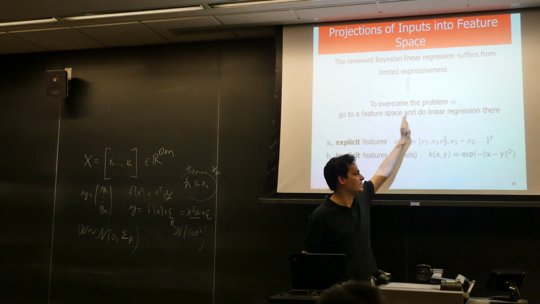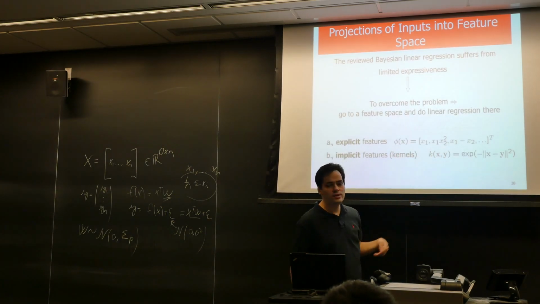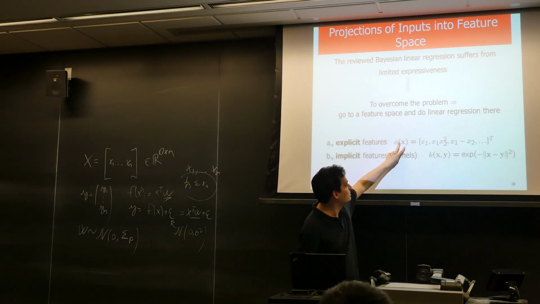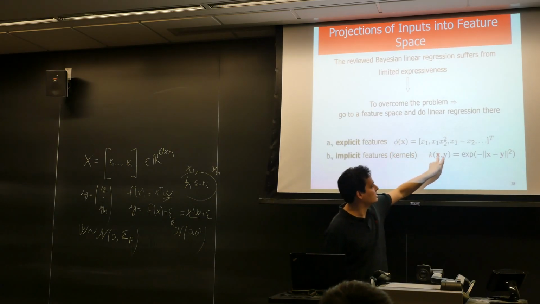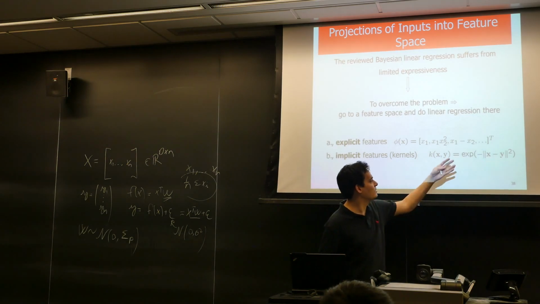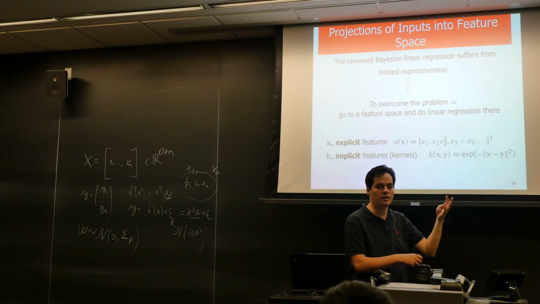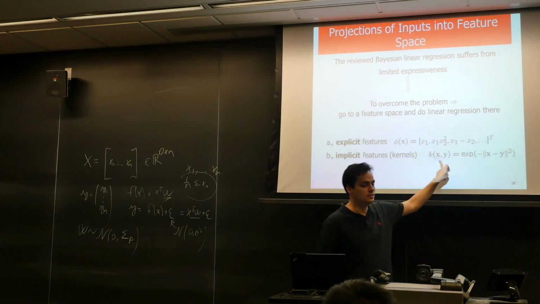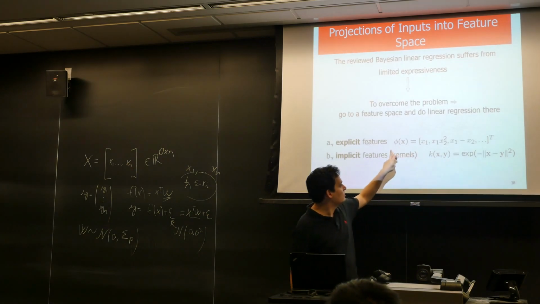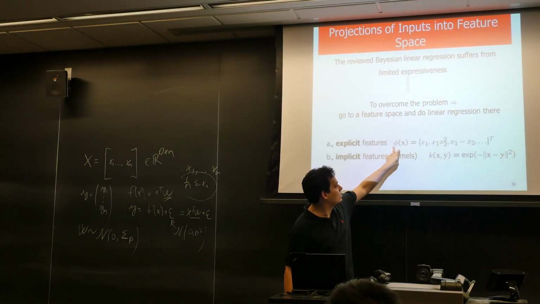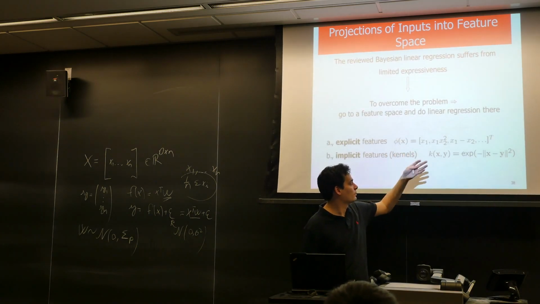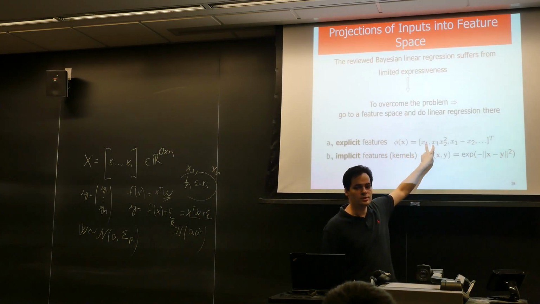I just created one. Or you can use kernels, where you define implicit features in such a way that, for example, you define a kernel and you know that this kernel will be an inner product between the feature transformations of the inputs in some abstract reproducing kernel Hilbert space. So what we need now is that phi of x will be a feature transformation of my original inputs.